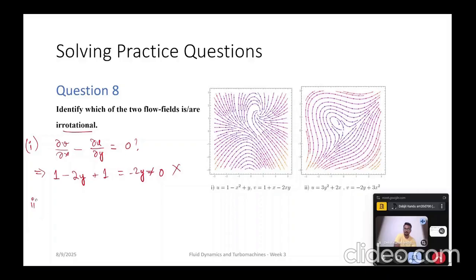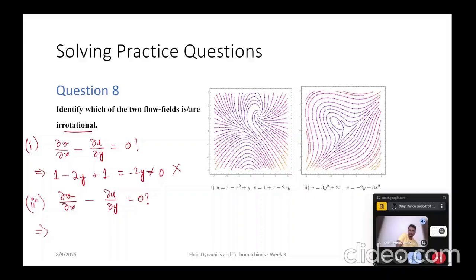Now coming to the second equation, second flow field. Once again the condition we test is the same, dou v dou x minus dou u dou y. Is it equal to 0 or not? So v in this case is minus 2y plus 3x squared.